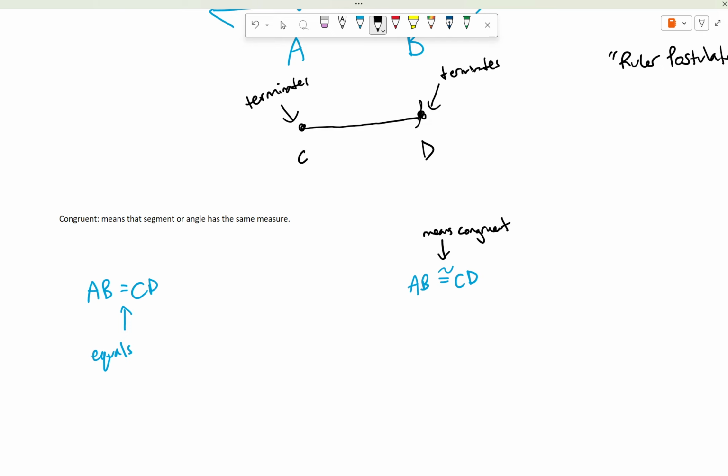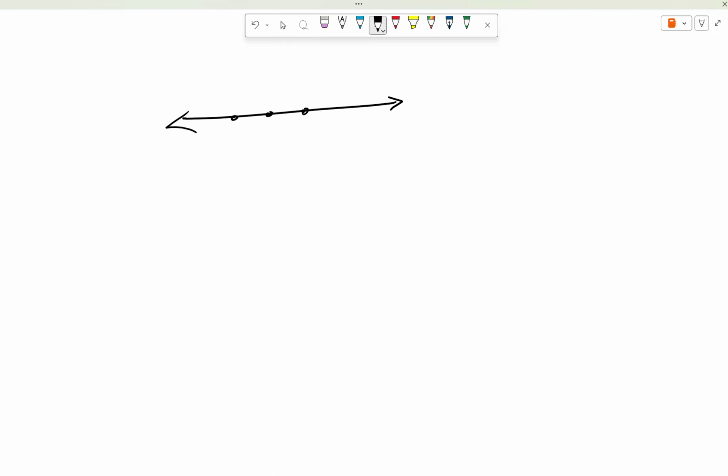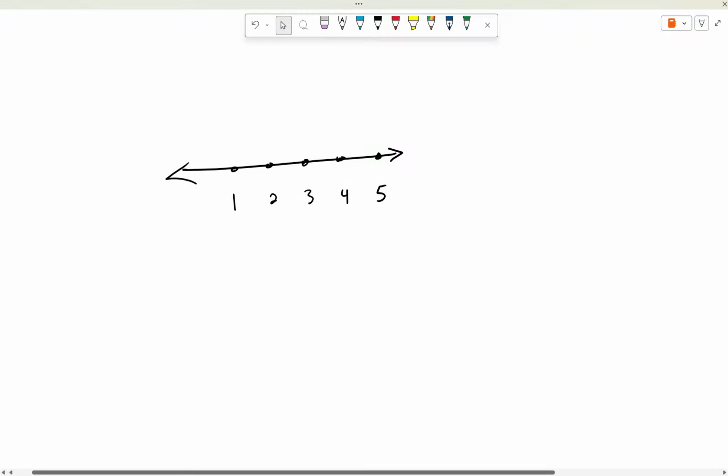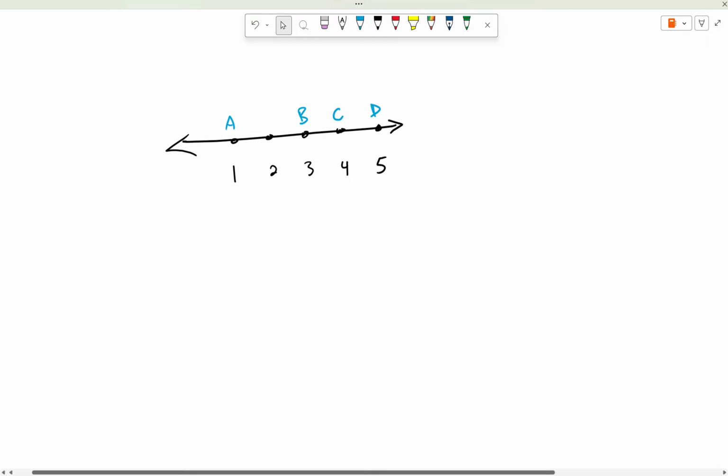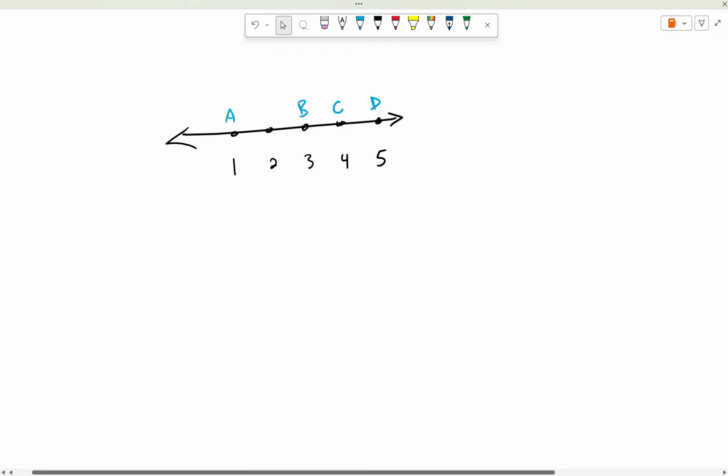Okay? So, let's actually see if we have something that's going to be congruent, here, on a number line. And I have here A, B, C, and D. The question being, are AB and CD congruent?